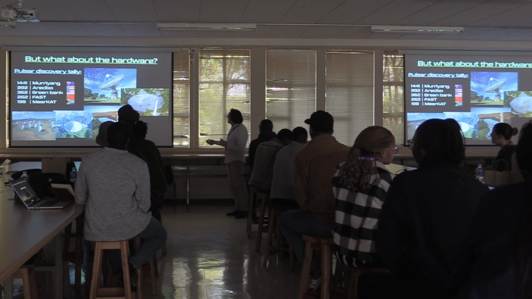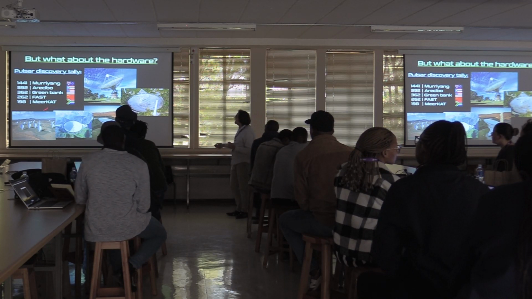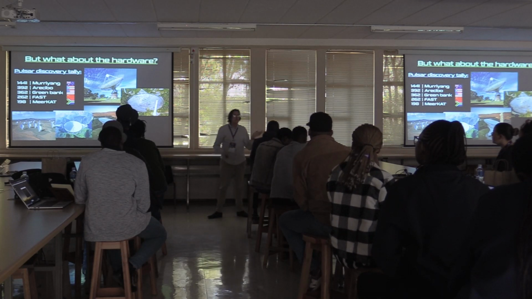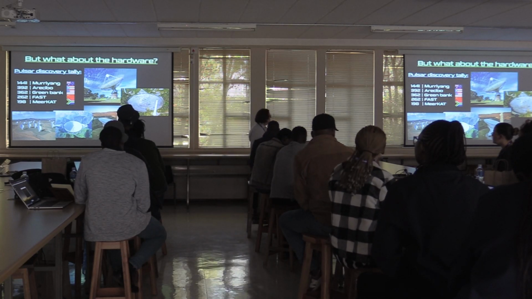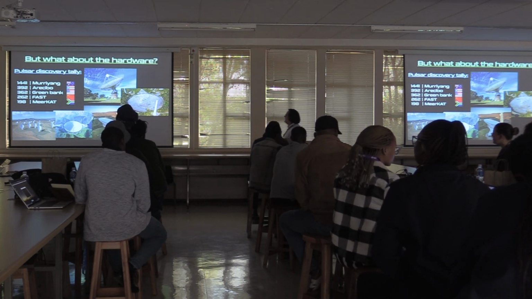I put together a tally of all the pulsars found using different telescopes. These numbers are just from what I got from the pulsar catalog, so if they're not up to date, don't shoot me, this is what I was able to find.